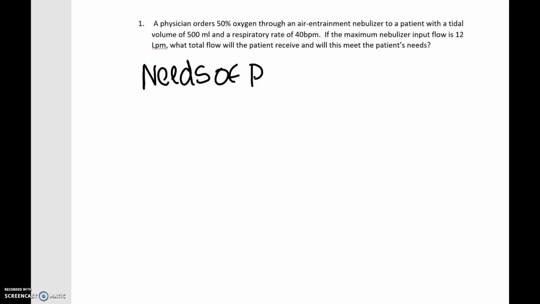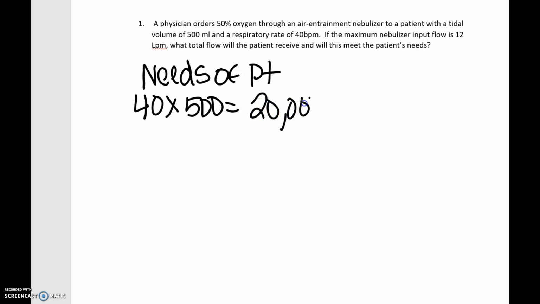And to get that, the first thing that you want to calculate is their minute ventilation. So minute ventilation, remember, is the respiratory rate times their tidal volume. So we're going to take their respiratory rate of 40 and multiply their tidal volume of 500. And you get a minute ventilation of 20,000 milliliters.